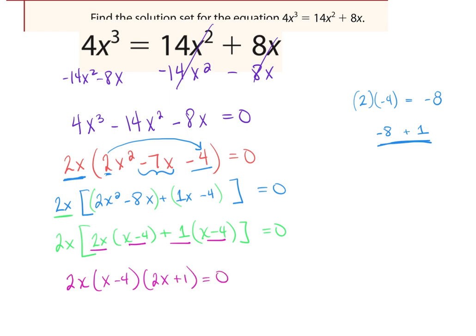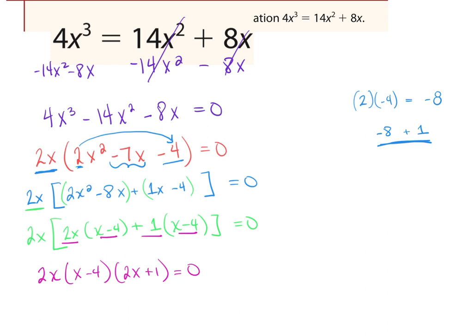All right. Now I'm going to set every single one of those equal to 0. All of them. There's 3 this time, not 2. So I'm going to take the 2x and set it equal to 0. The x minus 4 and set it equal to 0. The 2x plus 1 and set it equal to 0.